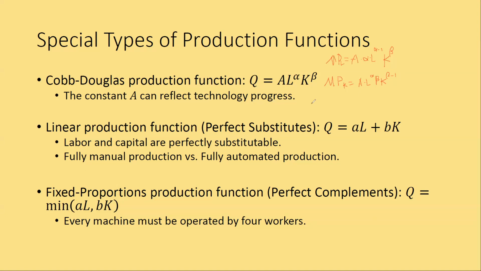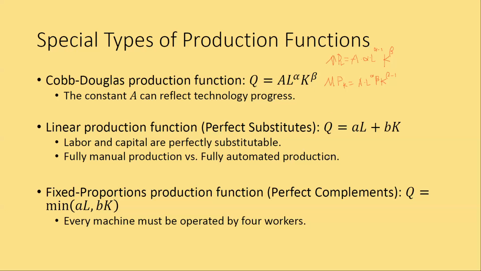It's not in the form that a human is operating machines, but a human can produce the good on his own, and the machine can produce the good on its own, possibly at a different level of efficiency, of course. But the human labor hours can be perfectly substituted by the machines.